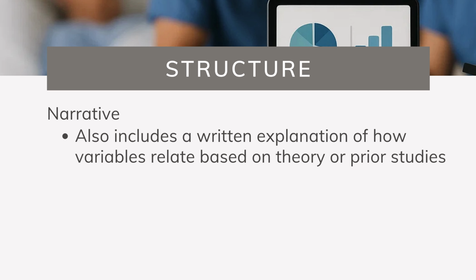Your narrative should tell a story, backed by logic, theory, or research evidence. This section should explain why you expect the independent variable to affect the dependent variable. Cite theories or studies that support this.